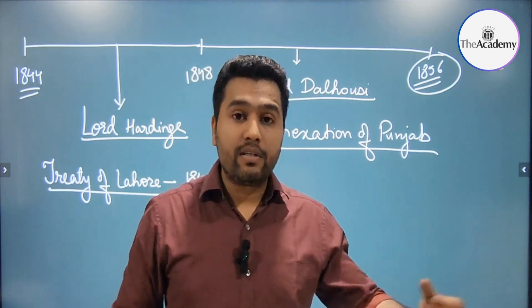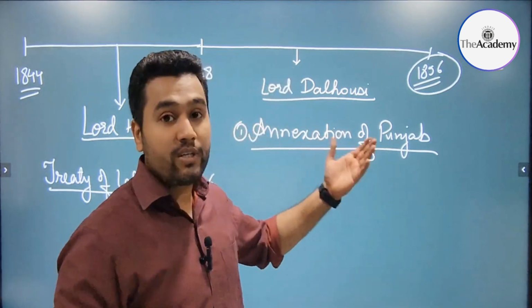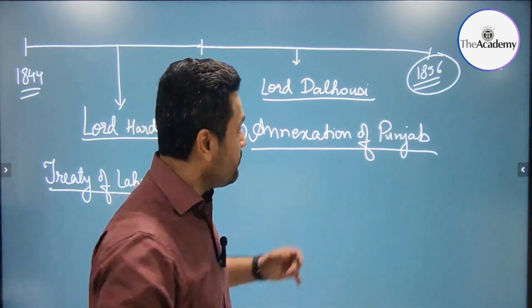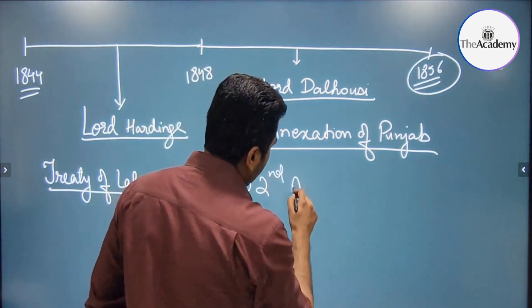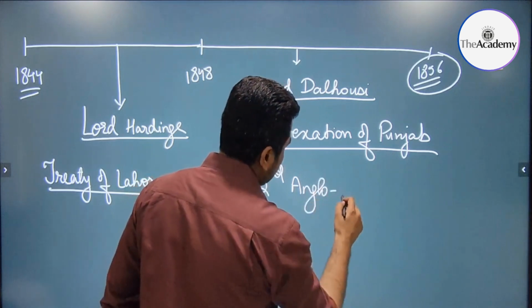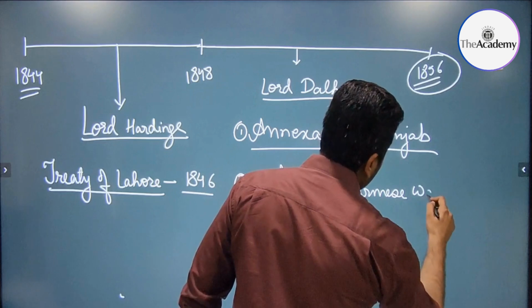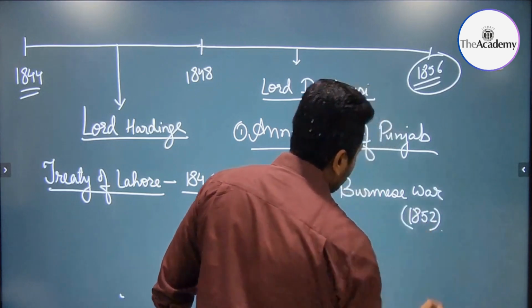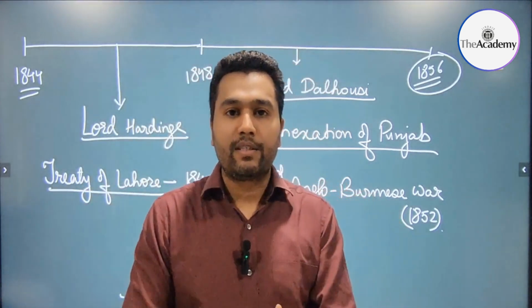He annexed Berar and Awadh on the pretext of maladministration. And we know Punjab was annexed on the basis of a war, and there was the Second Anglo-Burmese War as well in 1852. Following it, Lower Burma was annexed.